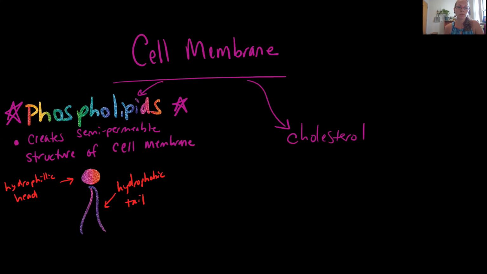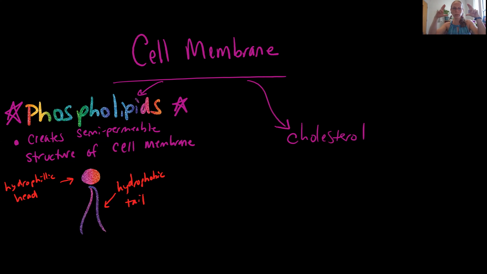When we look at our phospholipids, we'll see that it's the phospholipid itself that's creating what we will call a semi-permeable structure to the cell membrane. Semi-permeable means some stuff can penetrate and some stuff can't. Now, the significance of the phospholipid molecule is that it will have what we call a hydrophilic head and then a hydrophobic tail.